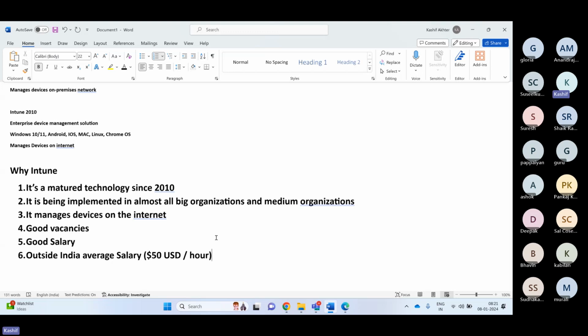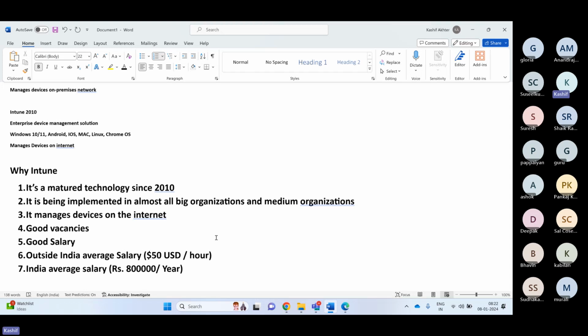Okay. In India, you can expect an average salary of somewhere around 8 lakhs per annum, 800,000 Indian rupees per year.